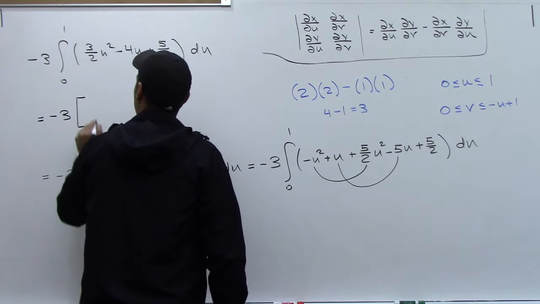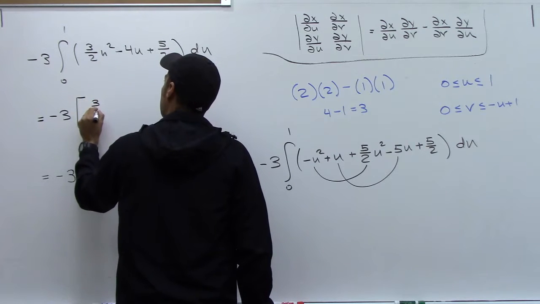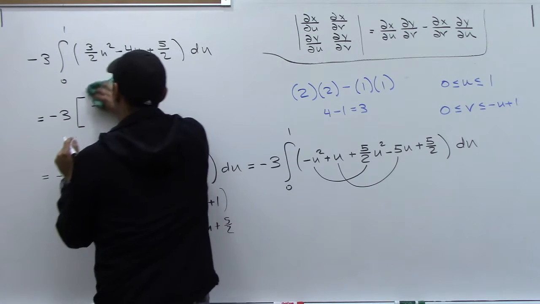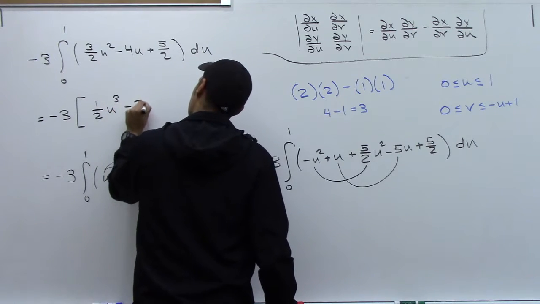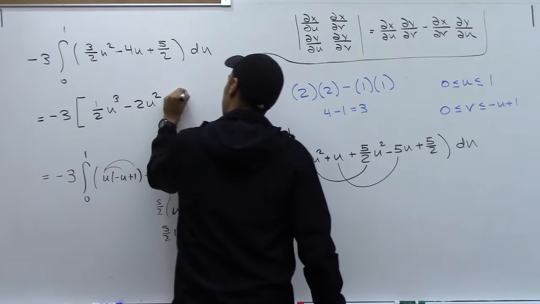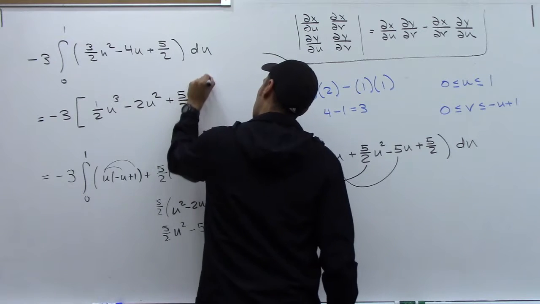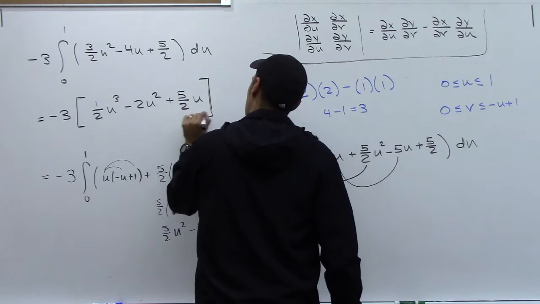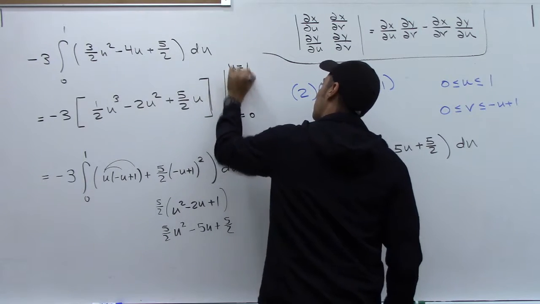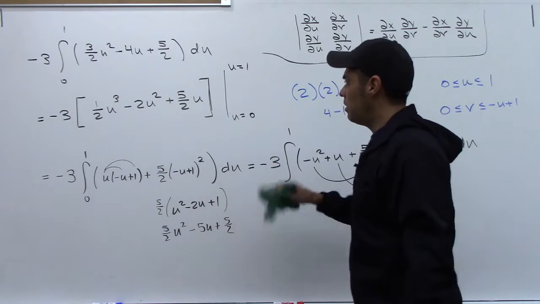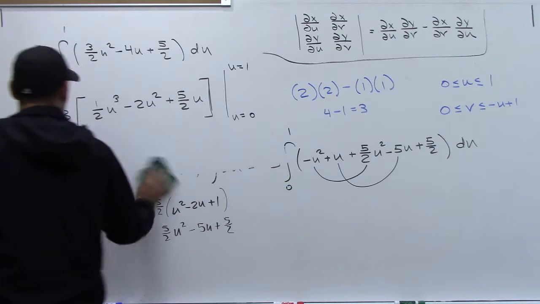Okay, the antiderivative here is 3/6, so that's just going to be 1/2 u cubed minus 2u squared plus 5 halves u. Evaluating this, u equals 0, u equals 1. When I plug in 0, everything's gone. But when I plug in 1, I should just get some fractions.